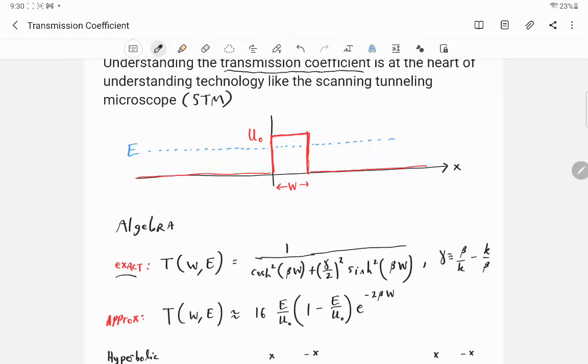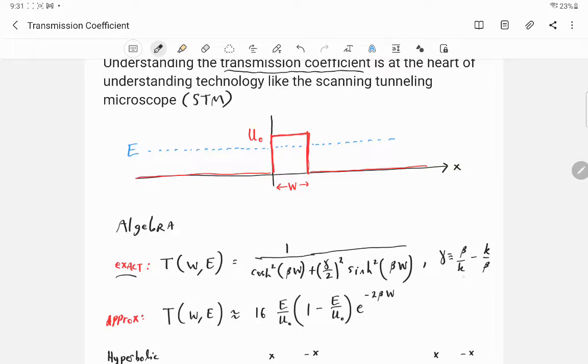So that beta coefficient is full of physics details, particular experimental setup details. W is the width. Gamma is a particular combination; it's a convenience to use this symbol called gamma. Beta depends on U naught, E, the mass of the particle. It's got h bar in it, right?